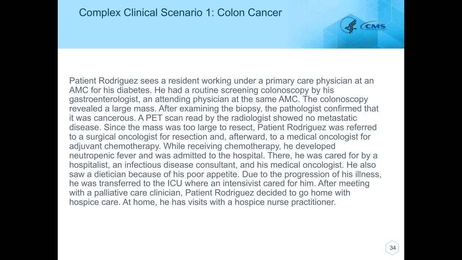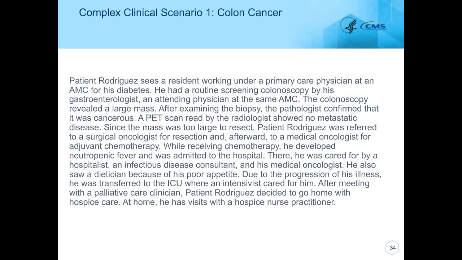A PET scan read by the radiologist showed no metastatic disease, and since the mass was too large to resect, patient Rodriguez was referred to a surgical oncologist for resection and afterward to a medical oncologist for adjuvant chemotherapy. While receiving chemotherapy, he developed neutropenic fever and was admitted to the hospital.